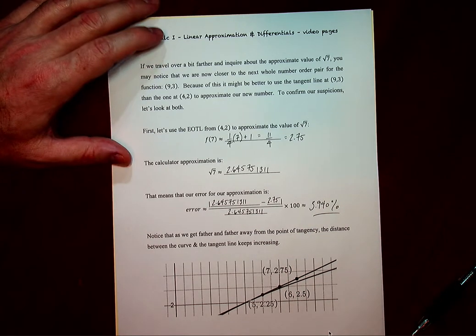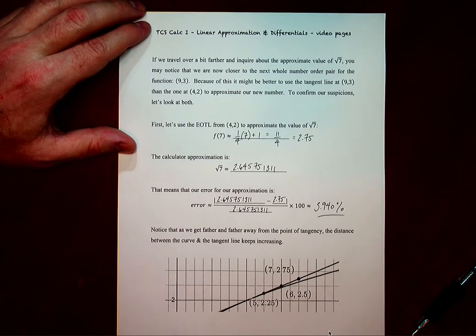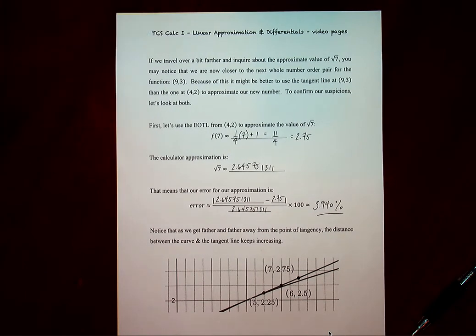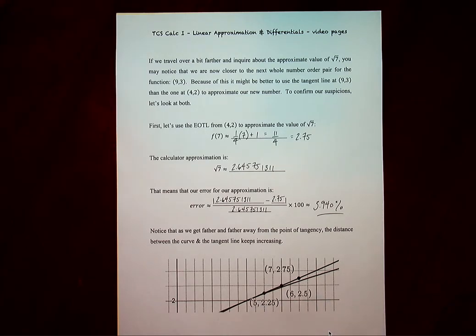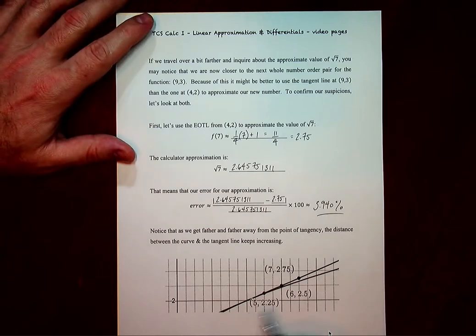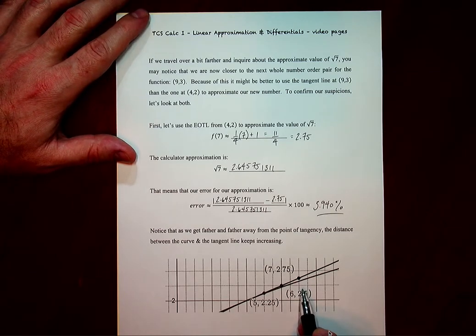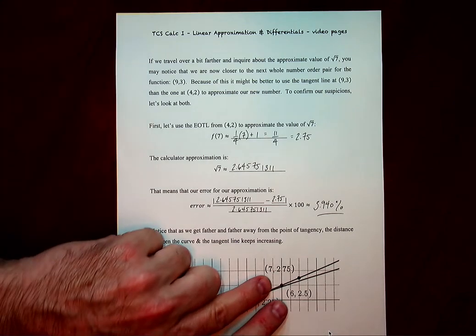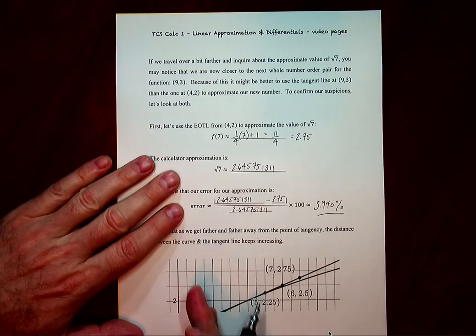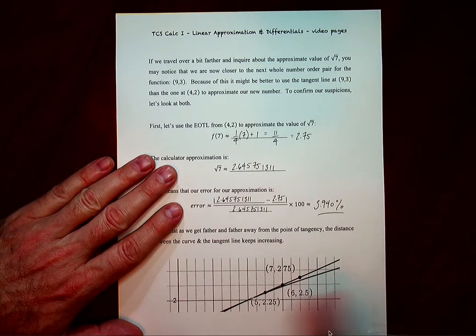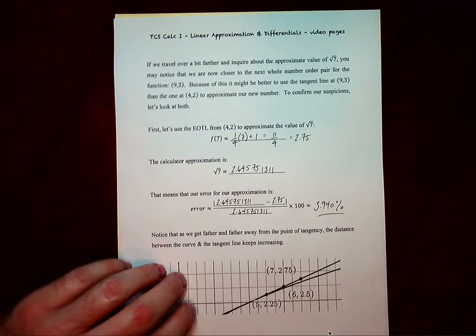That's an error of almost 4%, okay? What that means is that the farther and farther you get away from 4,2, the worse and worse the approximation is going to be, which makes sense because you can actually see those two coming apart as the x values increase from 4 to 5 to 6 to 7 and on, okay?